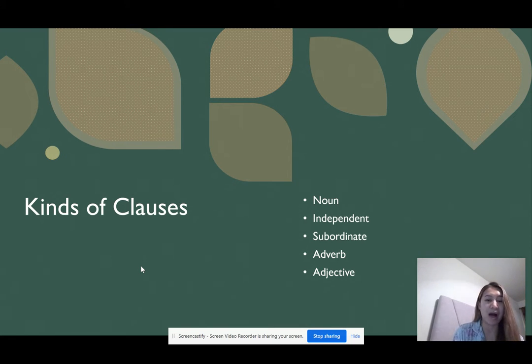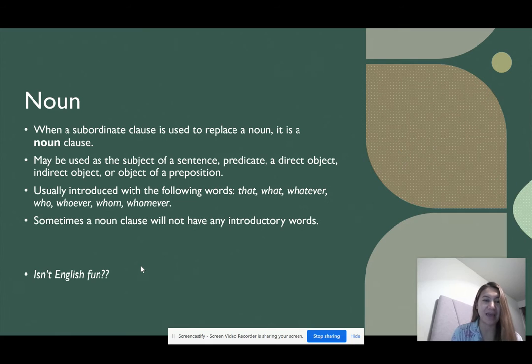We have the noun clause, independent clause, subordinate clause, adverb clause, and adjective clause. Let's talk about these clauses. The first one is the noun clause. What are the definitions of noun clauses?